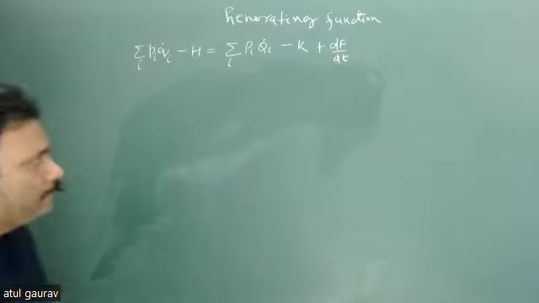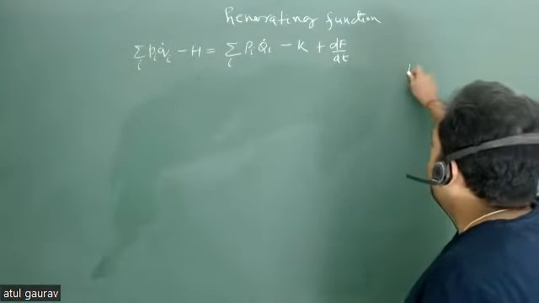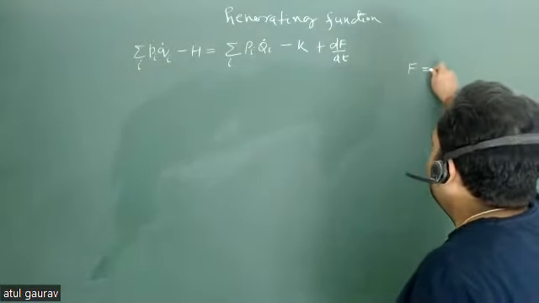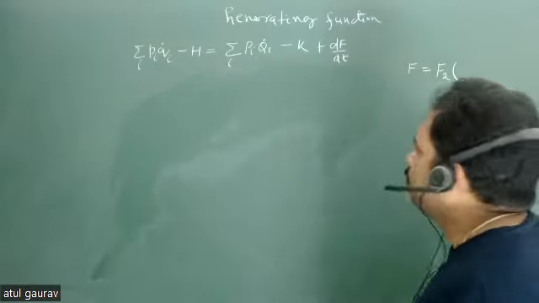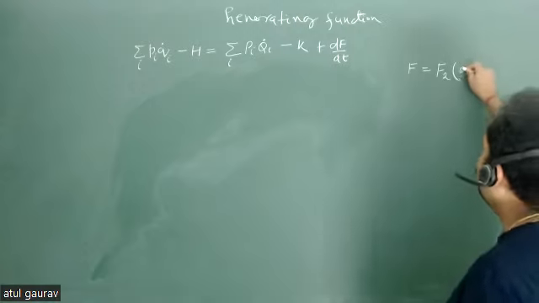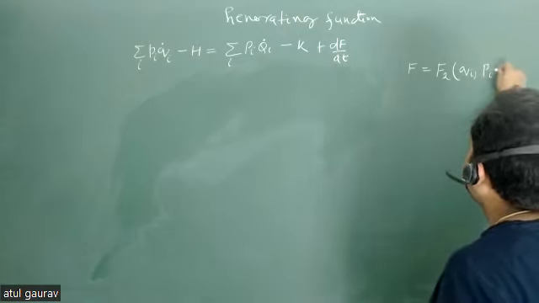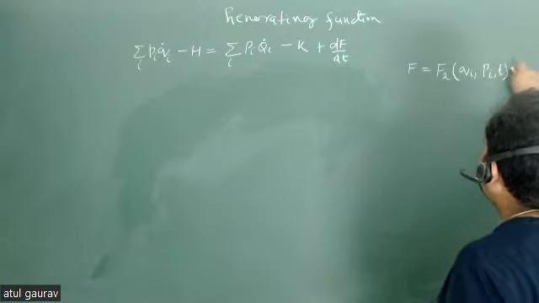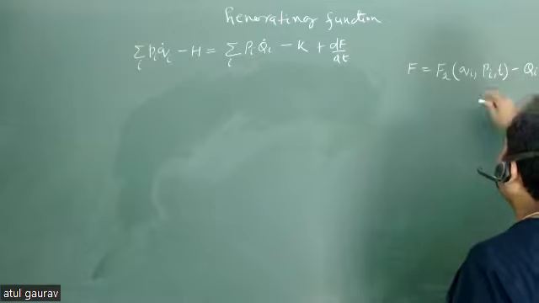So we will just select F as F2 type generating function, which is small qi, capital Pi and T, and minus Qi Pi.